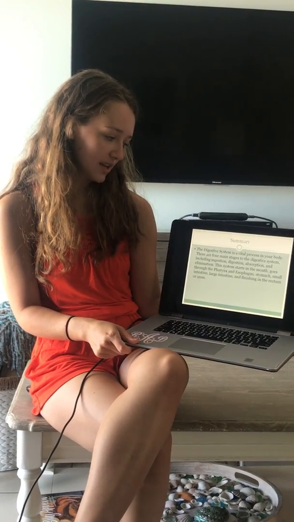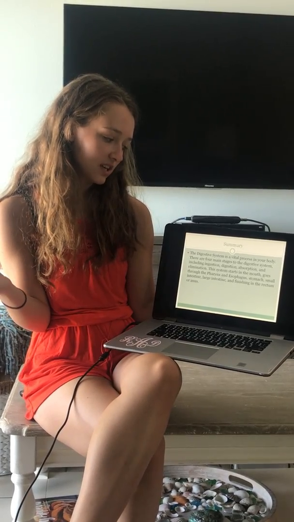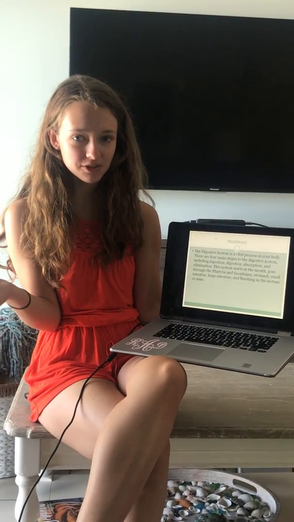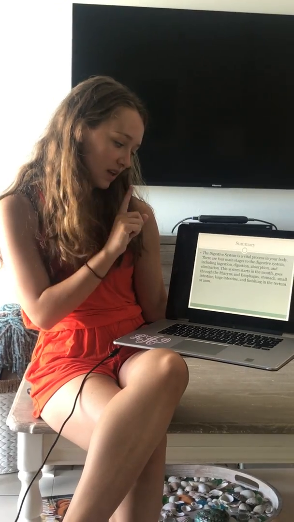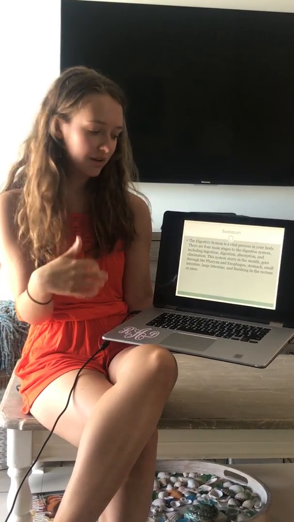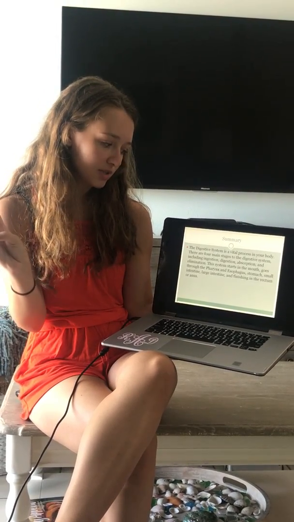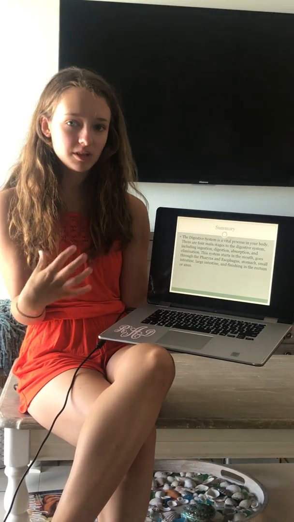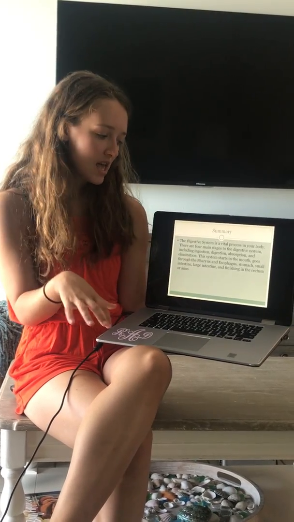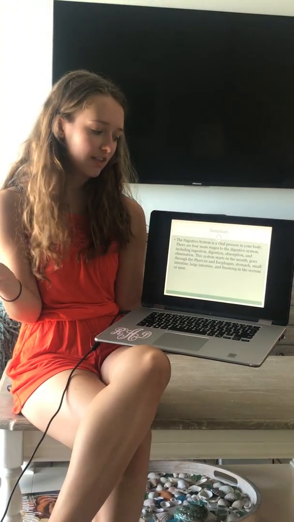Okay, so the summary, just a little summary of the digestive system. So it's a vital process in your body, and there are 4 main stages to the digestive system. In case you forgot, it's ingestion, when the food comes into your mouth; digestion, the chemical breakdown; absorption, when the body is absorbing the nutrients to get energy; and elimination, when the body is getting rid of everything that it doesn't need.